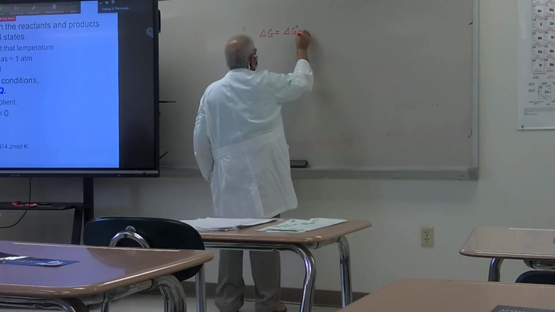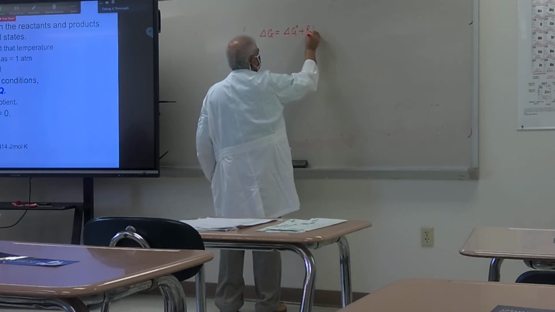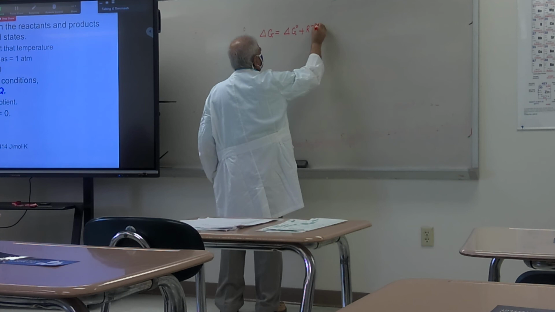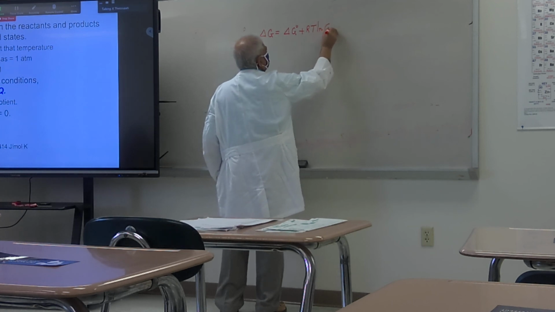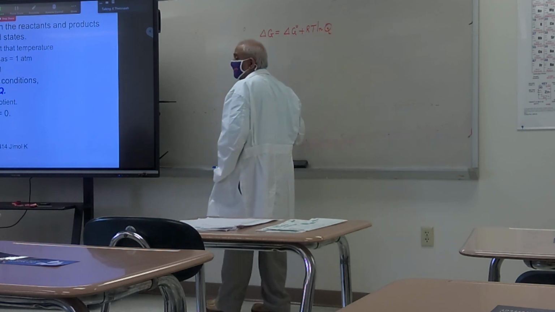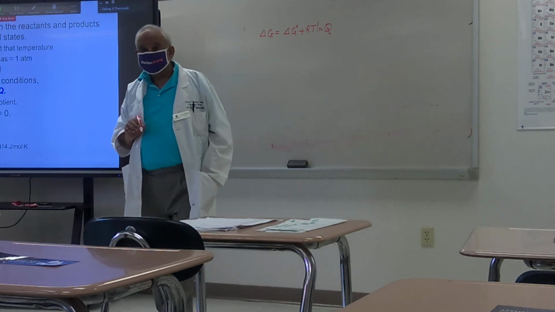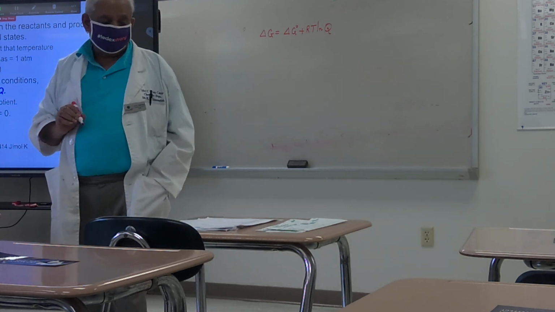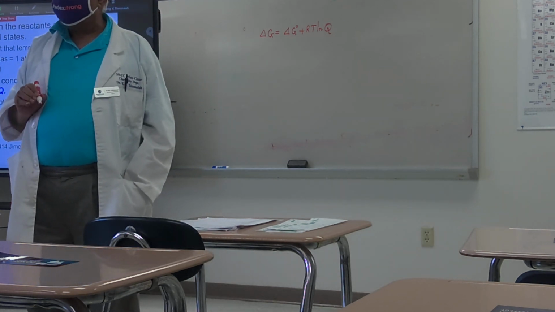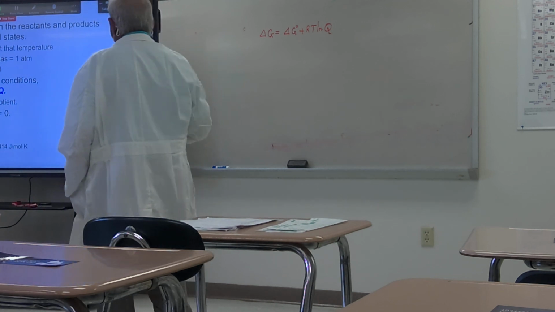Plus, you have to remember this equation, RT, R is the gas constant, T is the temperature in Kelvin, then natural log of Q. What is Q? Reaction quotient, for the reaction before it reaches the state of equilibrium. Okay?